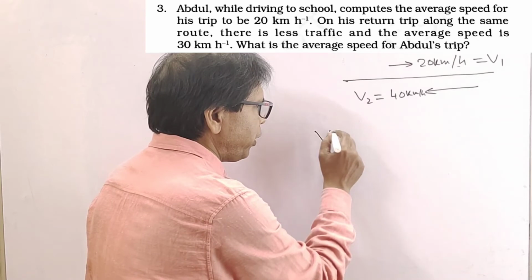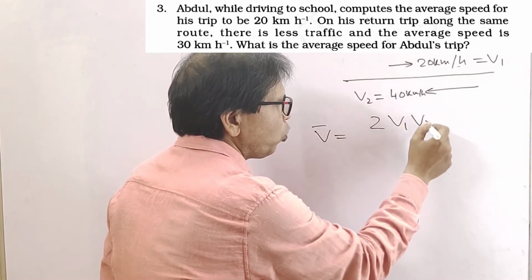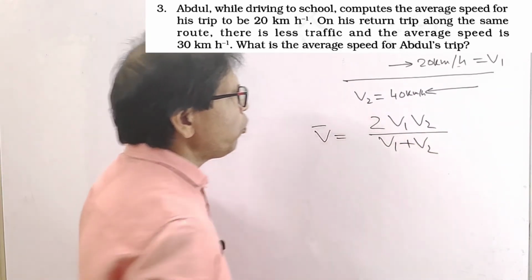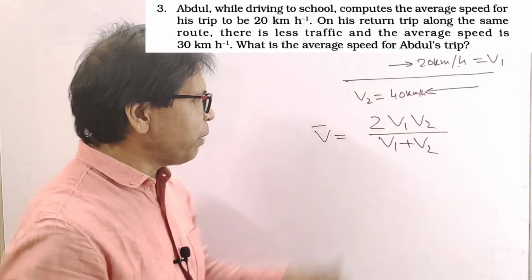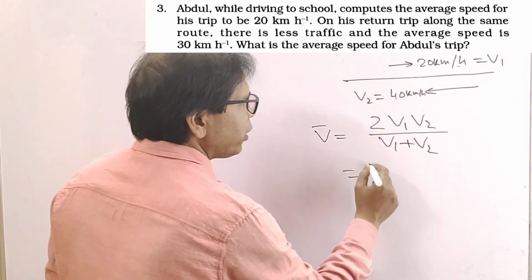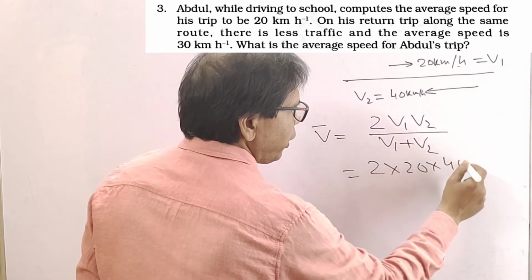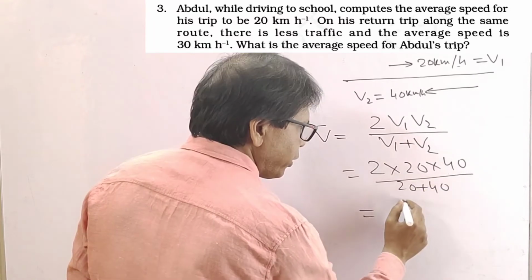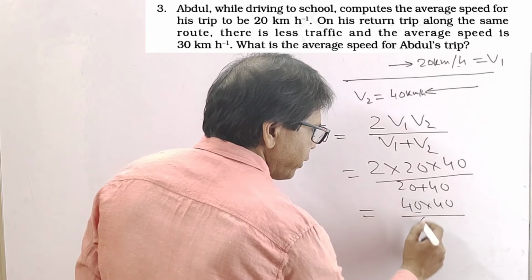So the average speed V bar is 2 V1 V2 divided by V1 plus V2. This is V1, this is V2. So put these values: 2 into 20 into 40 divided by 20 plus 40. This is 40 into 40 divided by 60.